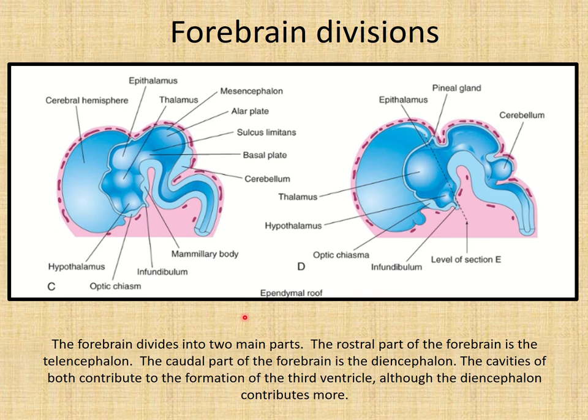And so the forebrain is going to have two major divisions. One is the telencephalon, and the other one is the diencephalon. And so you'll be learning all of the different parts of the telencephalon, and essentially there'll be regions of the telencephalon.